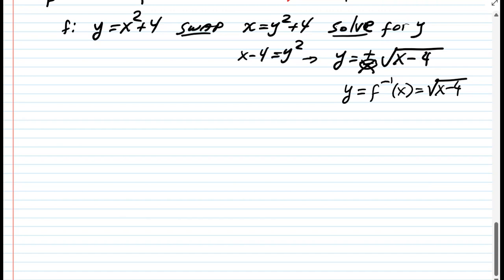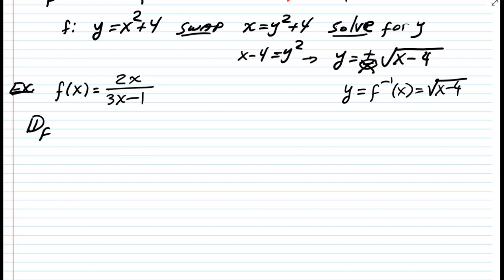Okay, now let's take a look at another example. In this next example, suppose I have f of x equal to 2x over 3x minus 1. All right, and we do want to find the domain and range as well as the equation of the inverse, but we don't need to graph these. So let's begin with the domain of the function.